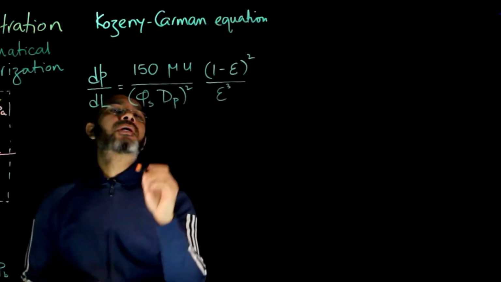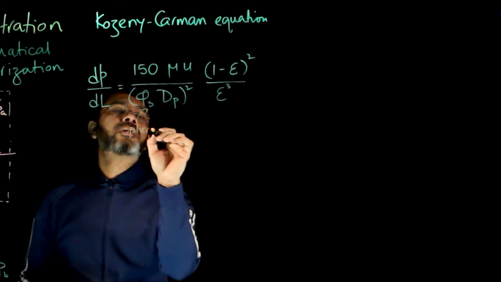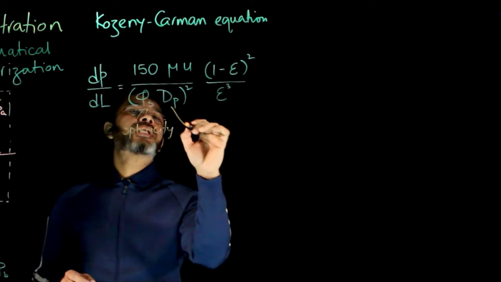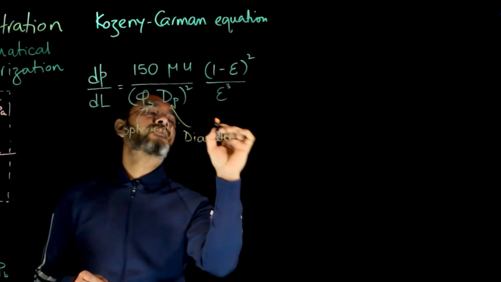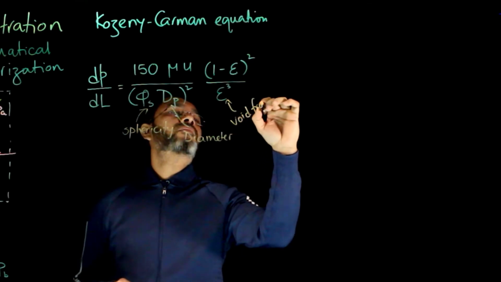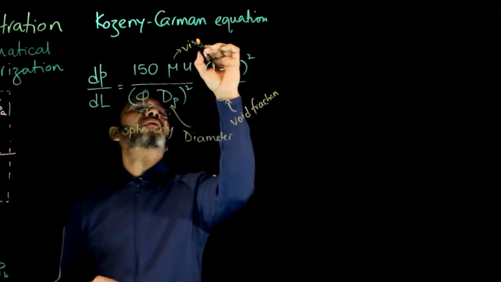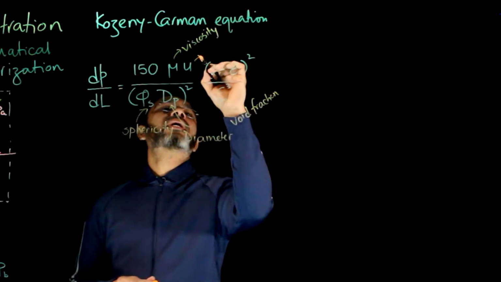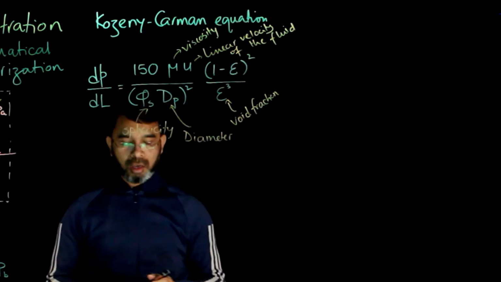Here in this equation, phi_s is the sphericity of the particles, dp is the diameter of the particles, epsilon is the void fraction, mu is the viscosity of the liquid, and u is called the linear velocity of the fluid. So keep in mind all of these terminologies.